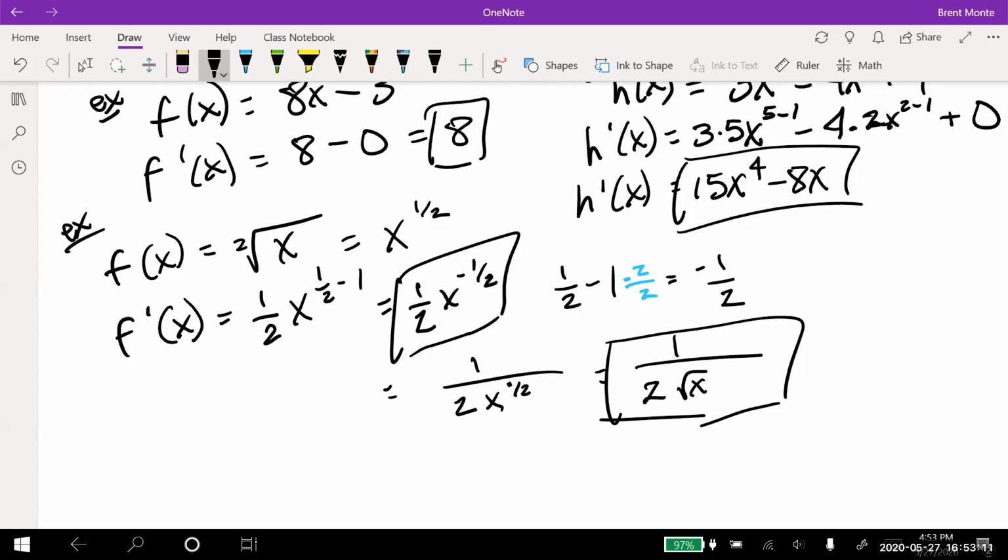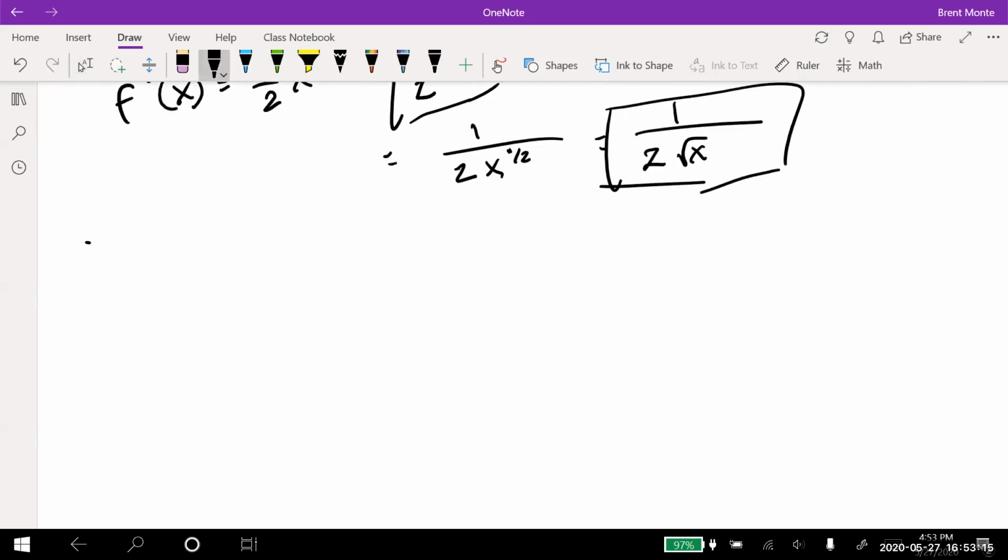Okay, so fractional exponents. Let's do another one with fractional exponents so you see this. So g of x, let's say we have the third root of x to the 5th power. Now, same idea, it's still x to the 5th, but the third root just puts a 3 on the bottom.